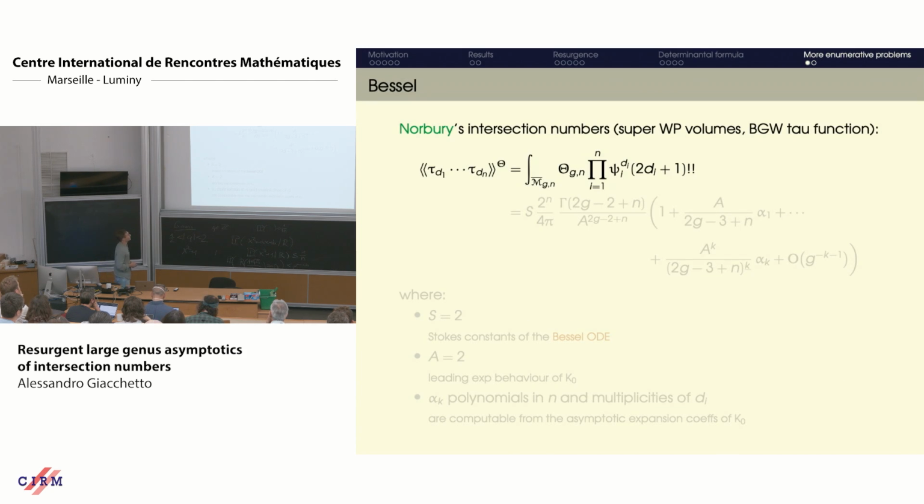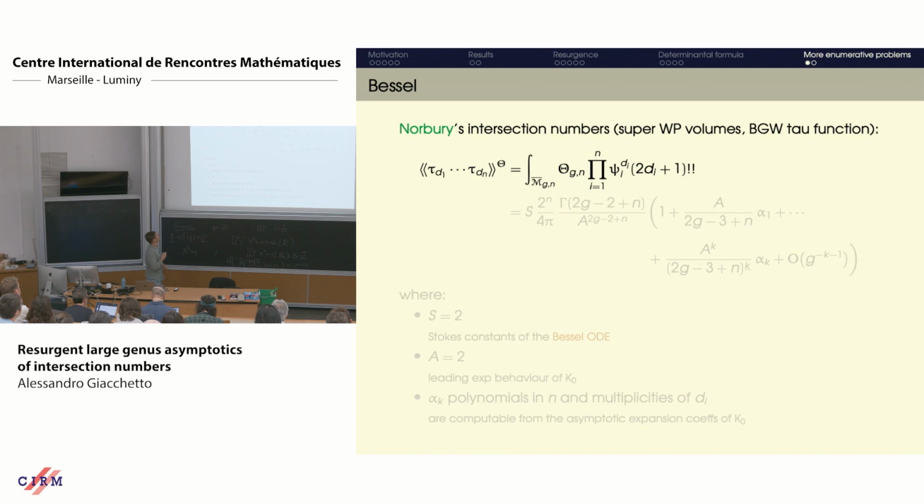So the first example, it's again intersection numbers that are slightly different from the ones that I considered. These are called Norbury's intersection numbers, and they appear when you try to compute, for example, super Weil-Peterson volumes, or in the context of this BGW tau function of the KDV hierarchy.